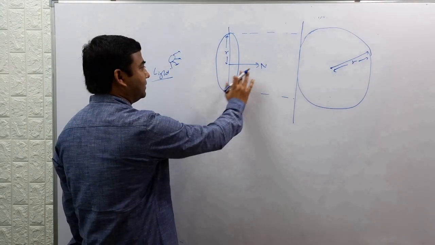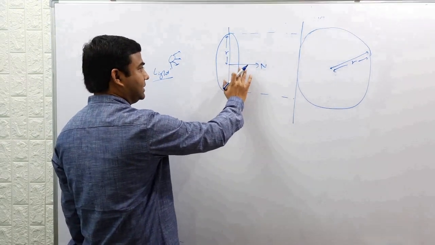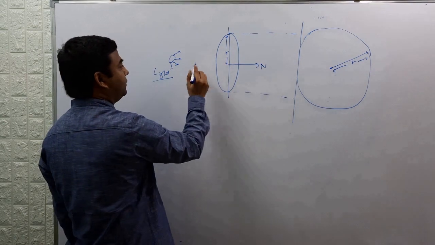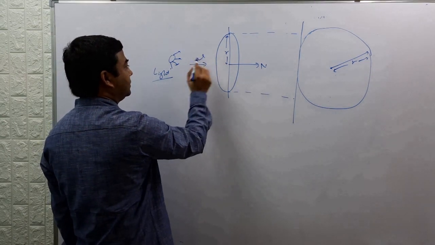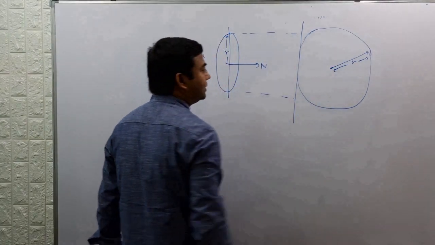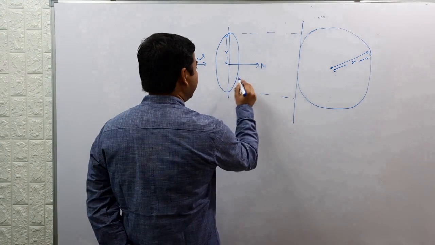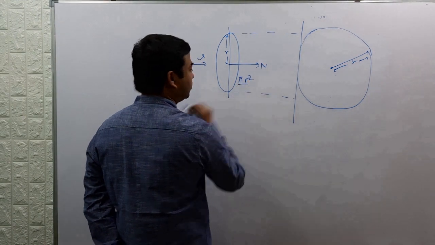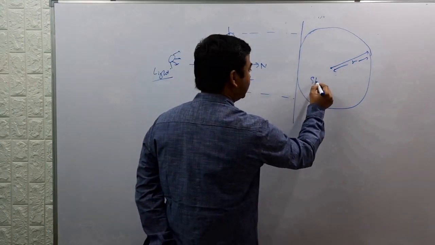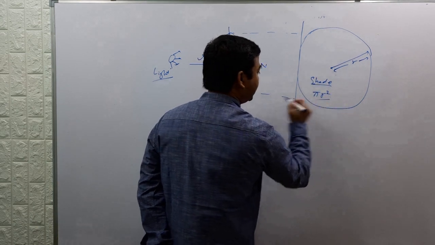When the normal to the circular surface is along the direction of vector field V or the source, the image of the circle and the actual circle are the same. The actual circular area is pi r square, and the area of the shade is also pi r square.